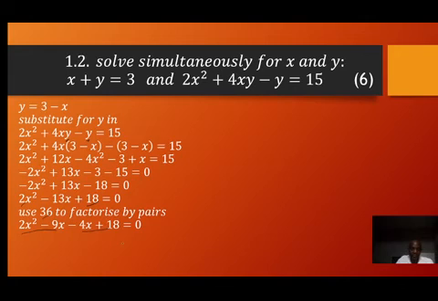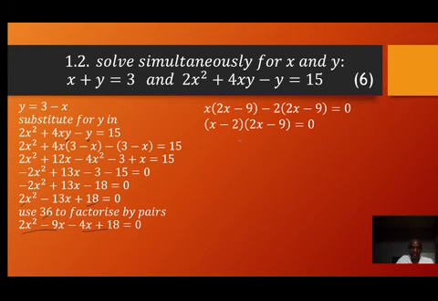So what is left for me to do is to take out the like terms, and as you can see here, x is common, that's why I put it outside brackets. Then here I take out minus 2, left with the 2x minus 9, and then you see again here, this is 2x minus 9, 2x minus 9, so it is still common, so I put it outside brackets, and then I'm left with 2x minus 9 equals 0 again, because this one is equal to 0.